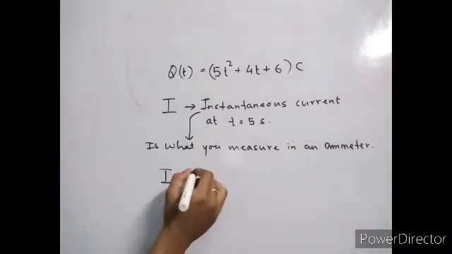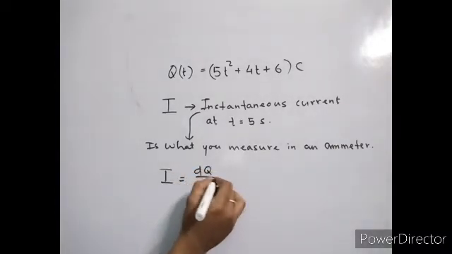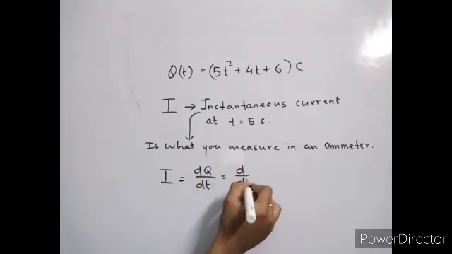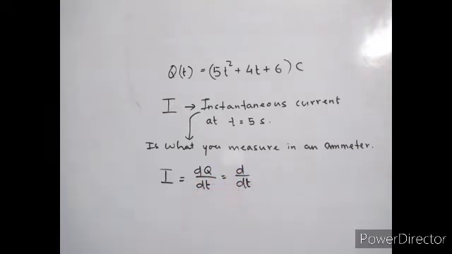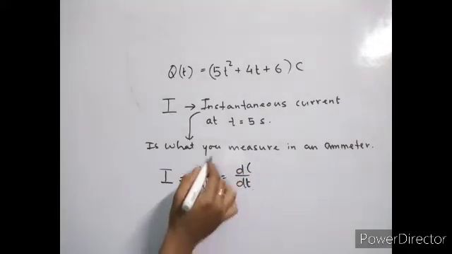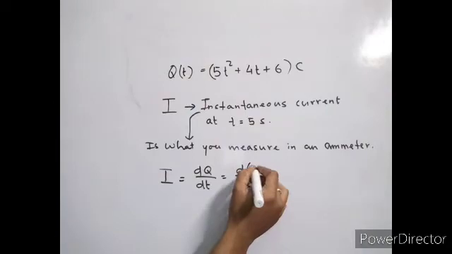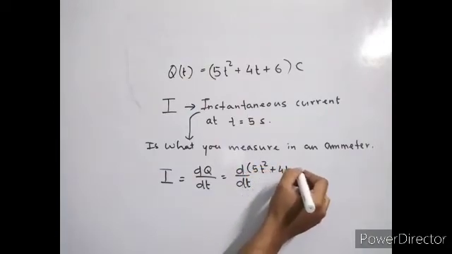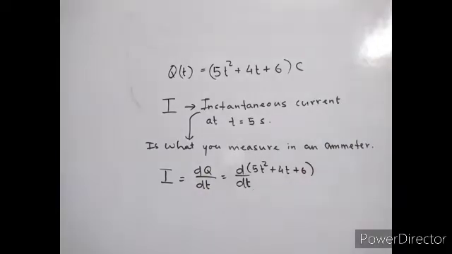Now I is equal to dq by dt, that is the value of instantaneous current, and d by dt is the derivative with respect to time, and we differentiate the expression that is given, that is 5t square plus 4t plus 6.